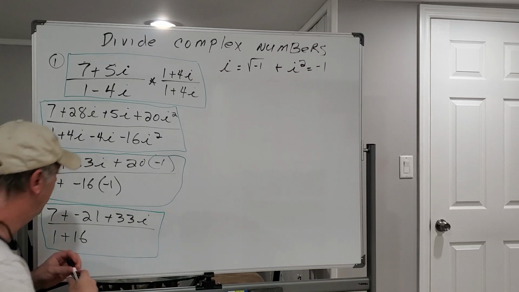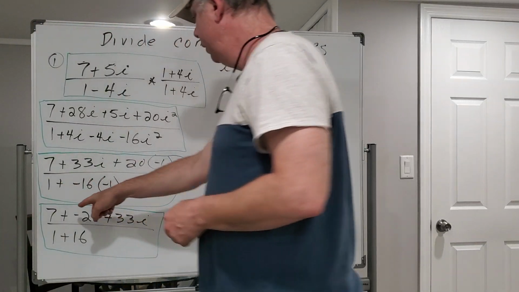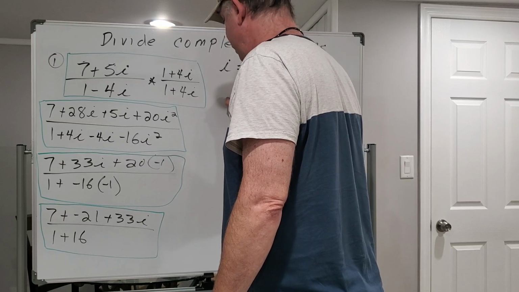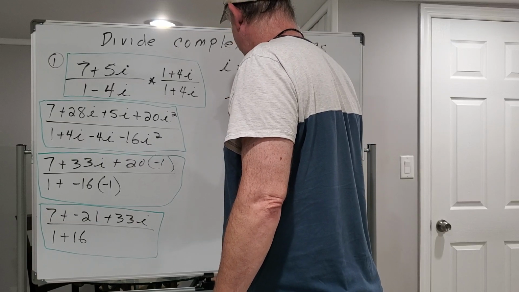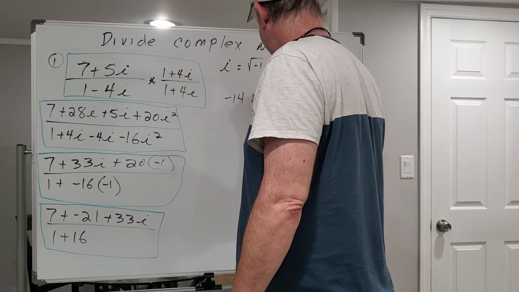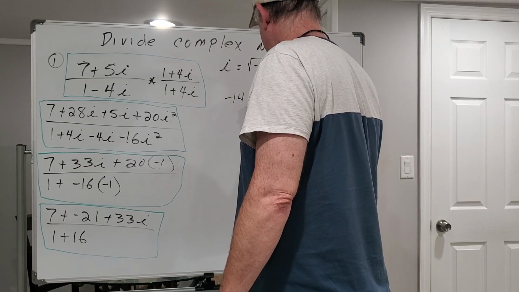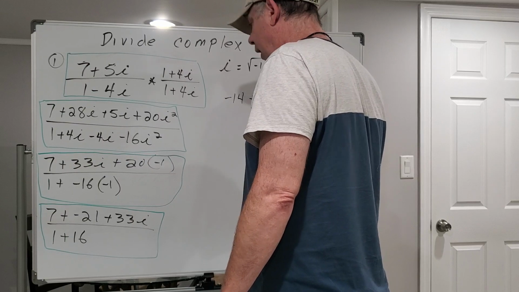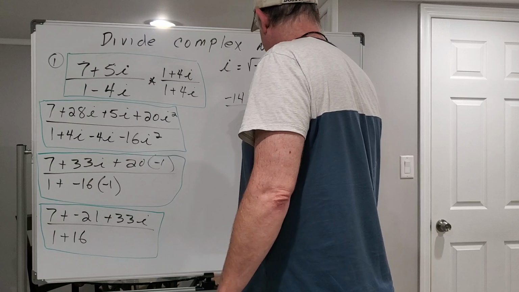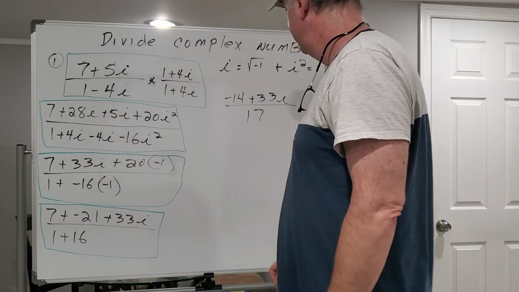Now we can then combine even more. So 7 plus -21 is going to give me -14 plus 33i. And 1 plus 16 is going to give me 17.